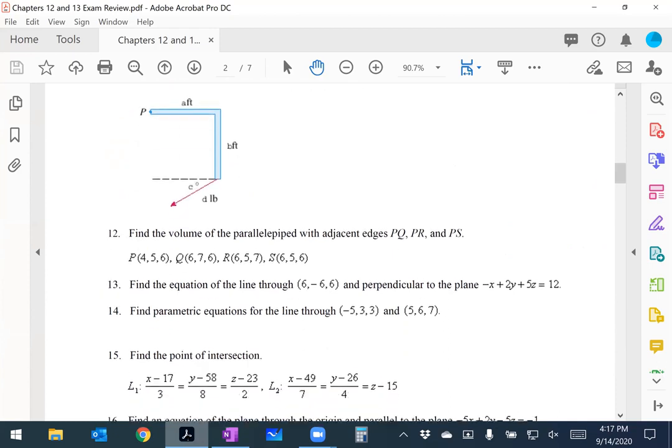Yeah, absolutely. Okay, so we want to find the volume of the parallelepiped, right?